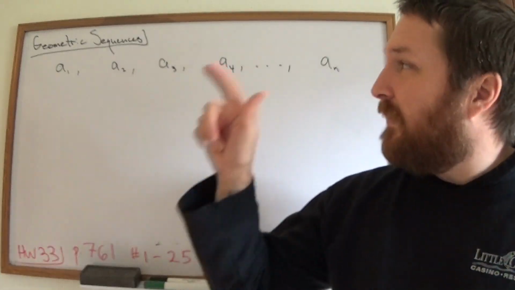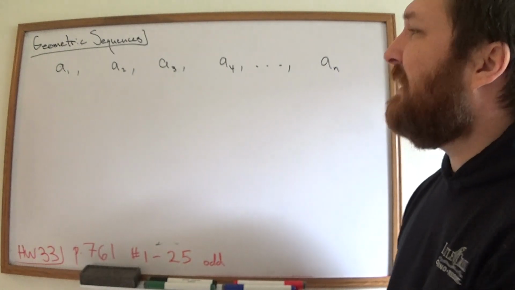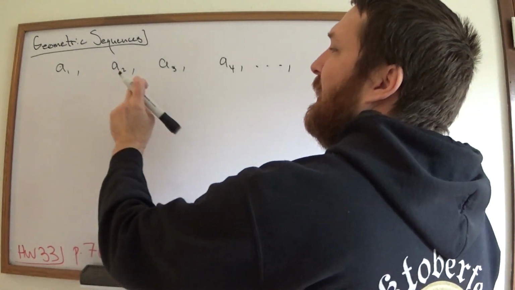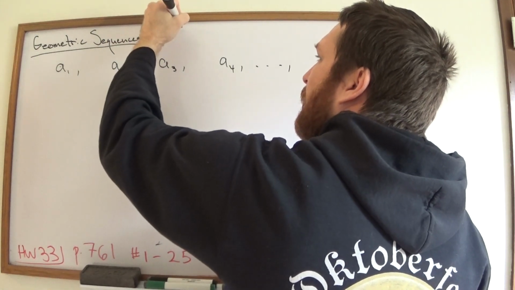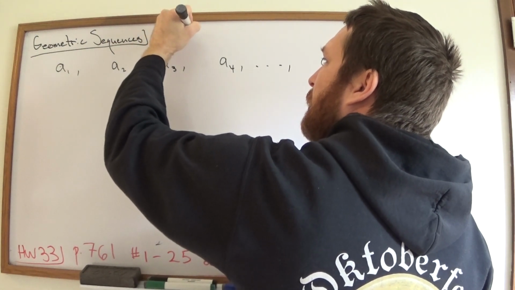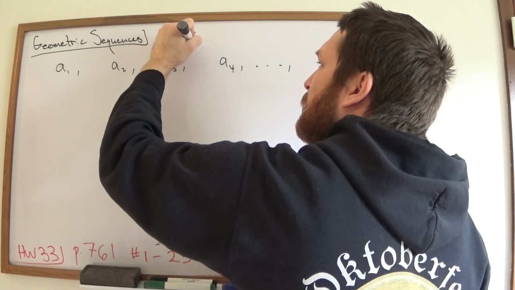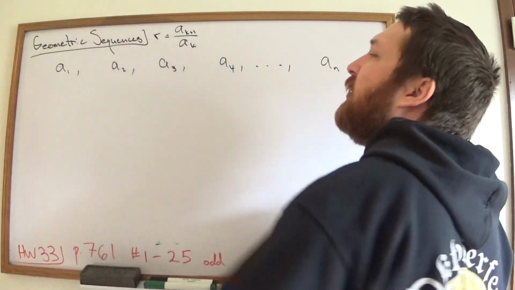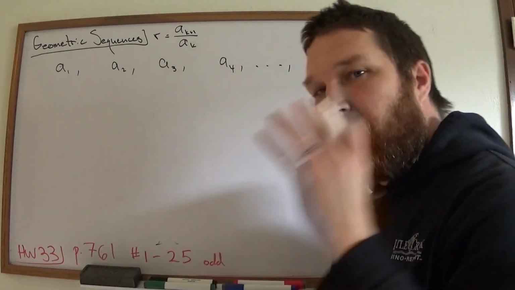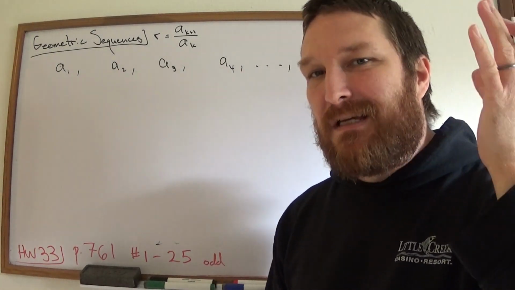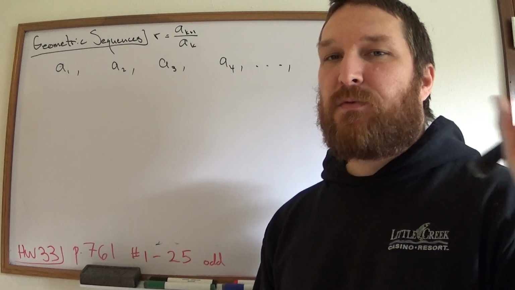Geometric sequences are sequences defined in the following way: the ratio between the next one and the previous one is constant. And we're going to use R to remind us of ratio, the same way we use D to think about either difference or distance.